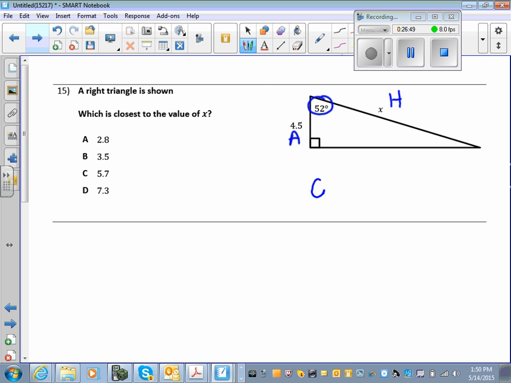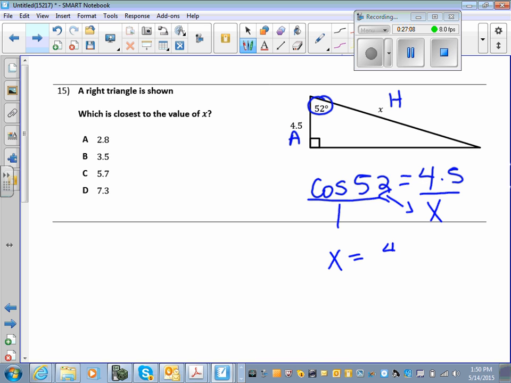Very good. So we're going to do cos of 52 is adjacent, which is 4.5 over x. So remember what we said, when the variable is at the denominator, those two swap places. So x comes outside. You have 4.5 divided by cos 52.